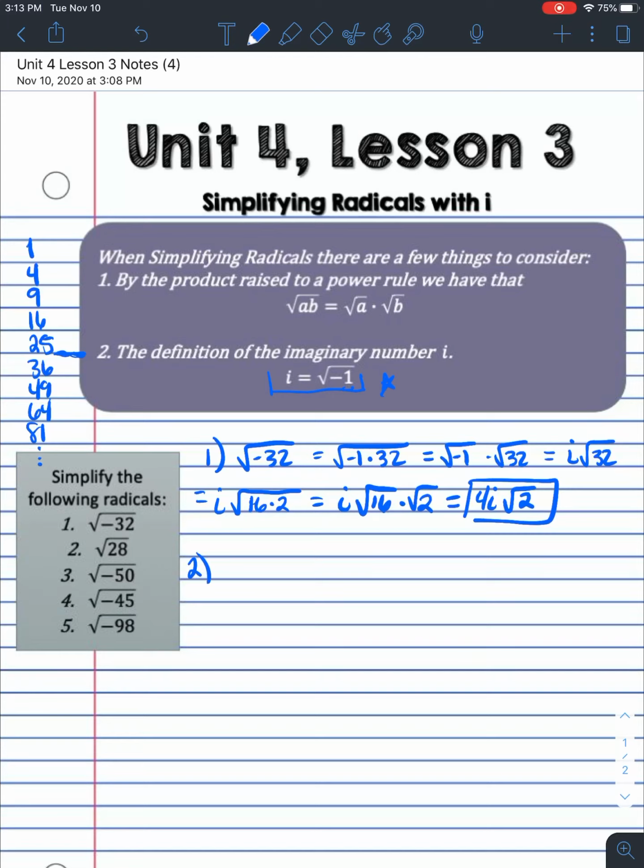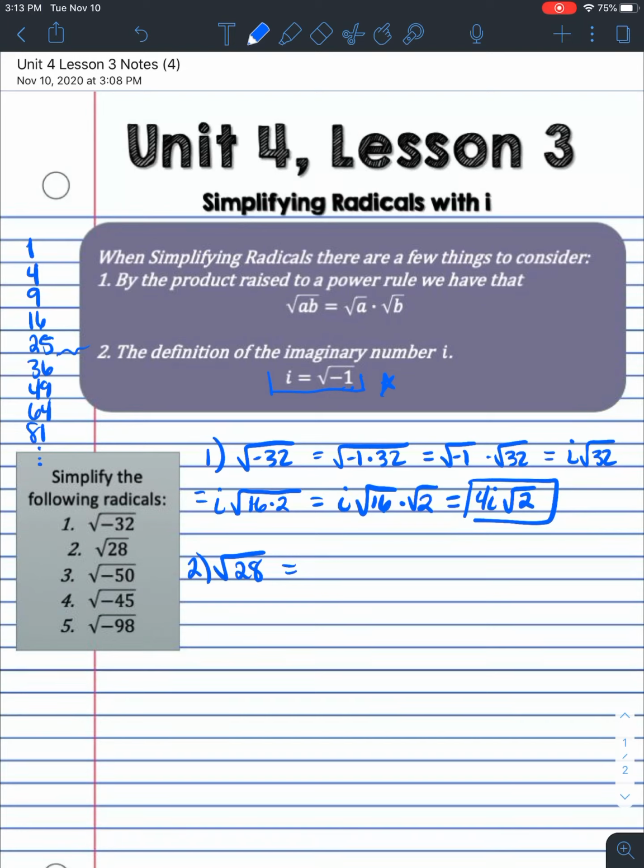So then I have number 2, square root of 28. I'm going to break this down. Again, let's see, 28 is over here on that same spot. 25 doesn't go into 28. 16 does not go into 28, right? No, we just did 16 times 2.